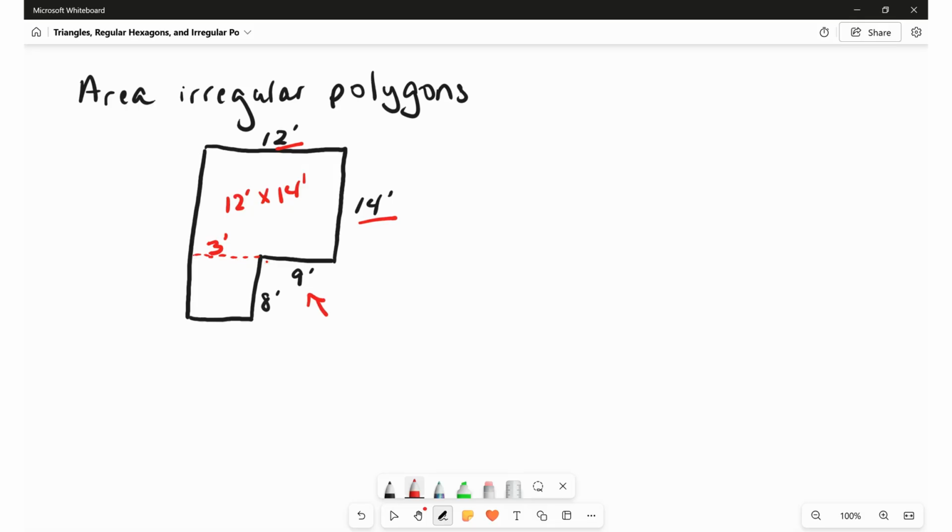Because this entire length here is the same as this 12 feet up here, which means that this piece in here is 8 feet by 3 feet. Well, now we have two different areas. And so we take the first area, 12 feet by 14 feet, and we add that to the second area.